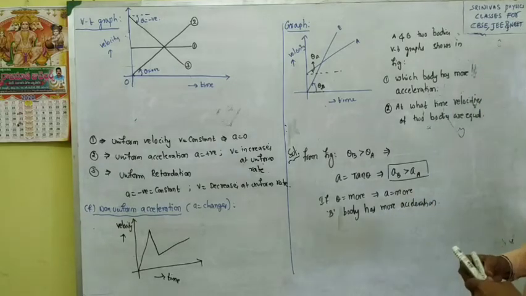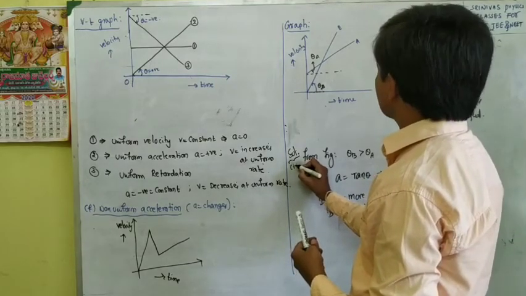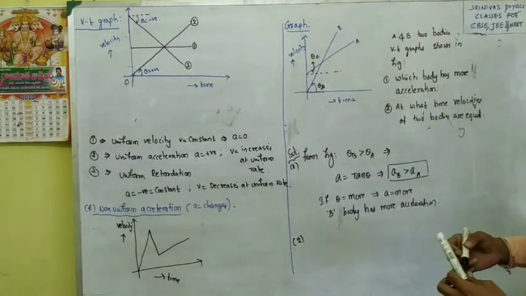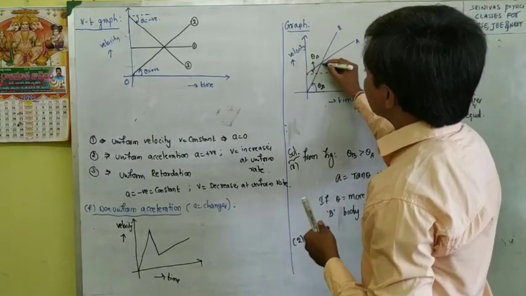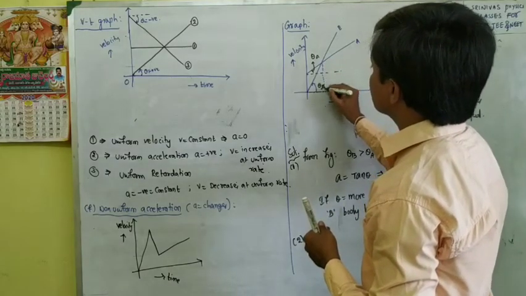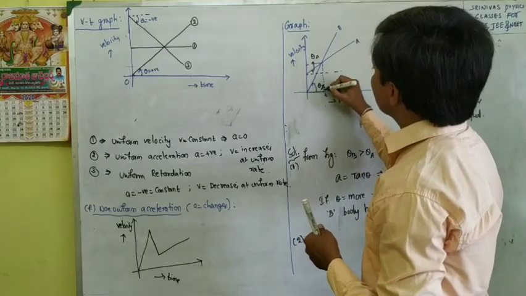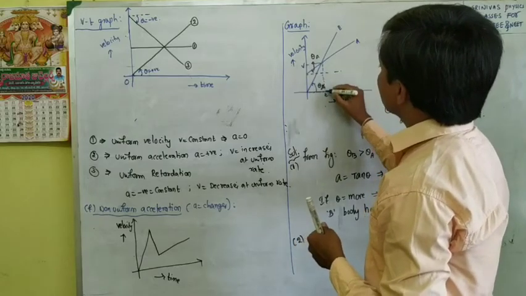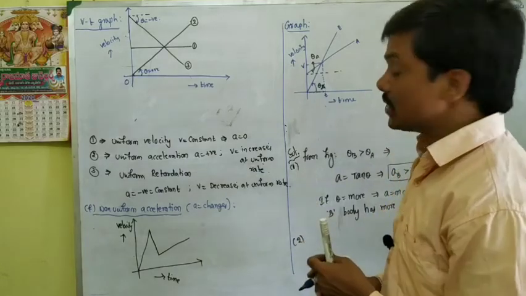Okay, and next, let us see one more point. The second point they are asking is, at what time are the velocities of the two bodies equal? Look here. This is the intersecting point, right? At this time, for the first graph the velocity is some v. For the second graph also, at this time the velocity is v, right?